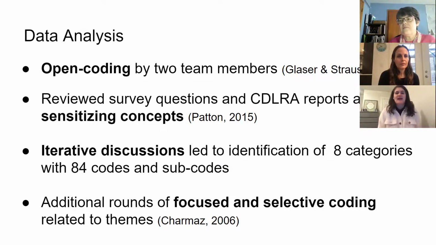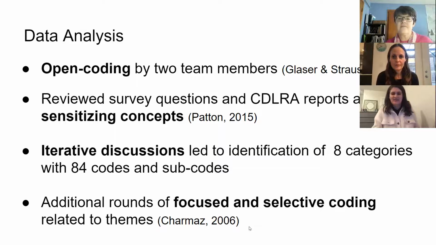From there, a number of iterative discussions of the whole group of 4 researchers led to the identification of 8 categories with 84 codes and subcodes. So we were able to group it into 8 broader categories, and from there, do a focused and selective coding related to those 8 major themes. And we will get now into some of the themes that Charlene will share with us.